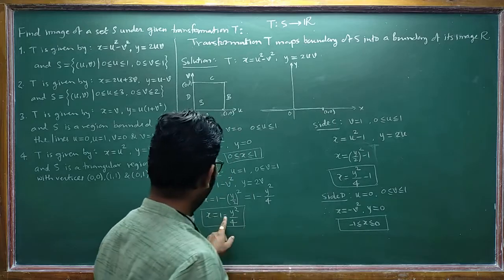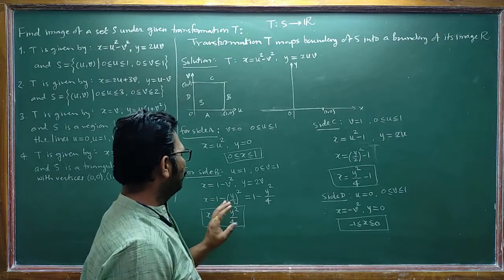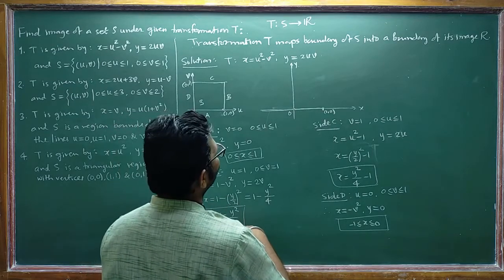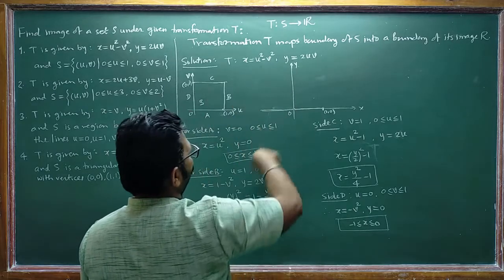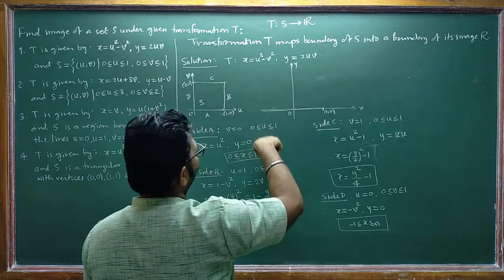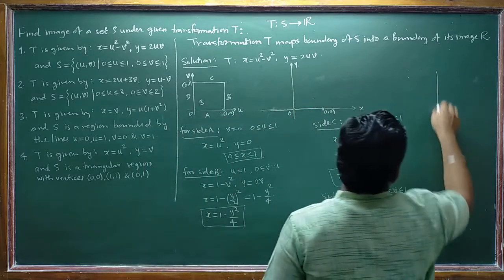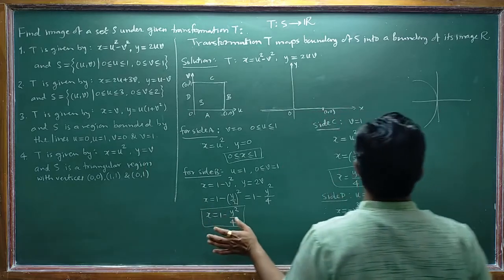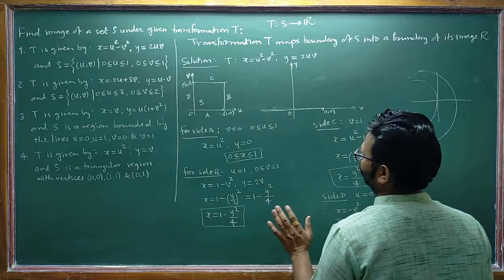Then x is 1 minus y square by 4. What is the graph of x equal to minus y square? It will be this kind of parabola, and with plus 1 it is shifted by 1, so it will be a parabola something like this.